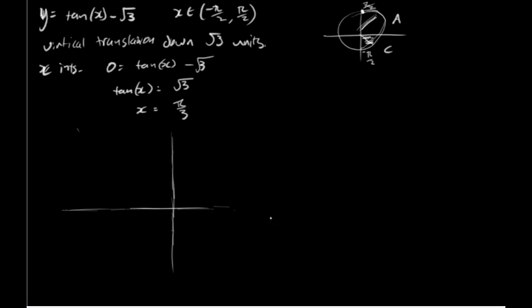So here's my set of axes, and if I say minus root 3 down here, and we've got pi on 2 and minus pi on 2, so they're our asymptotes.